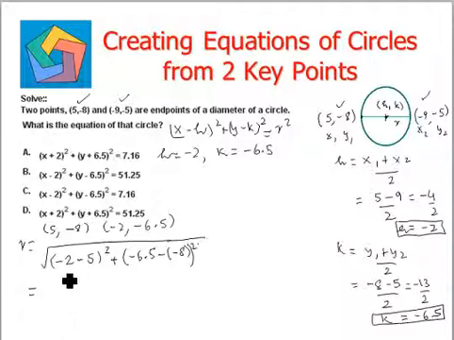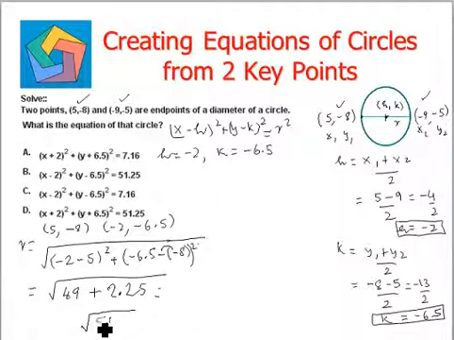Now negative 2 minus 5 is a negative 7, and negative 7 times negative 7 is a positive 49, plus negative 6.5, here negative and negative becomes positive, so 8 minus 6.5 is 1.5 times 1.5 equals 2.25. This is equal to the square root of 51.25, which is r. Now we have the h and k and r.